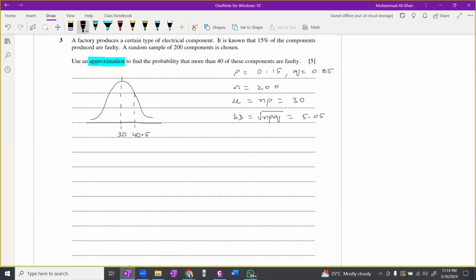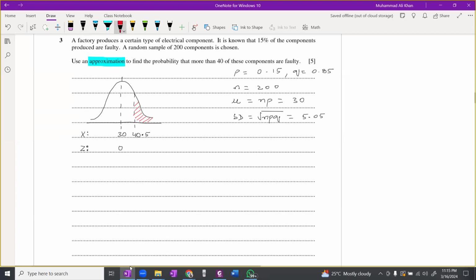Now we have to calculate the probability which is more than 40.5. It means we have to calculate the probability of this area. Now, as the mean is not 0, so it means these are the values of x. First, we have to calculate the value of z. According to z, mean is always 0. And we have to convert this 40.5 in the value of z by using the formula.